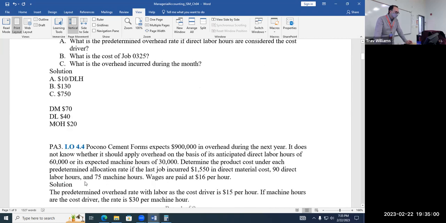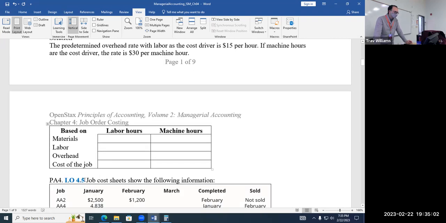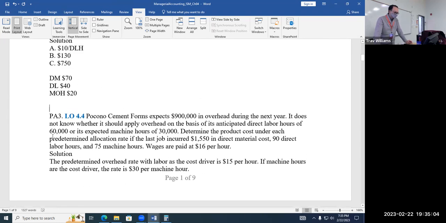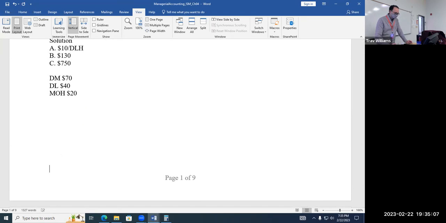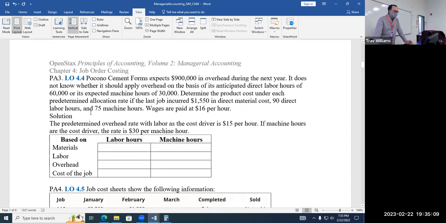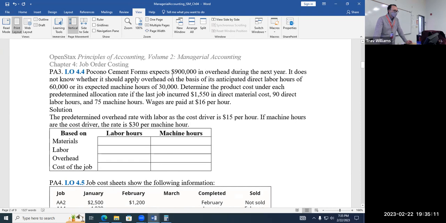All right, let's move on to number 3. This company expects $900,000 in overhead, so that's their estimate. They're not sure if they should use direct labor hours, which they're estimating at 60,000, or machine hours, which they're estimating at 30,000.